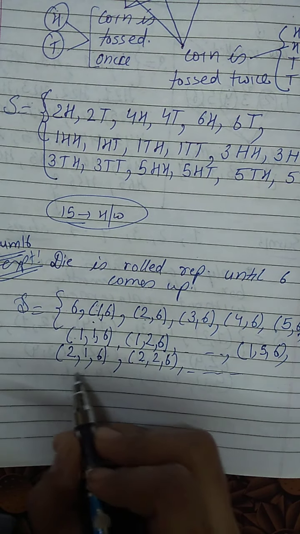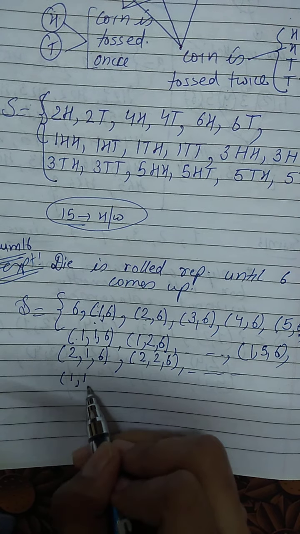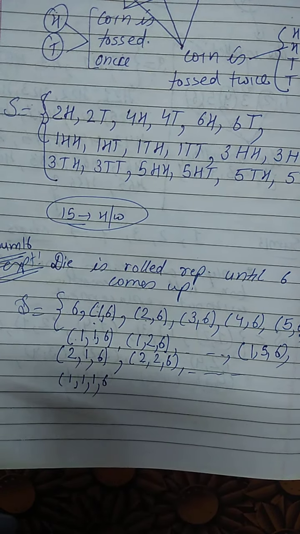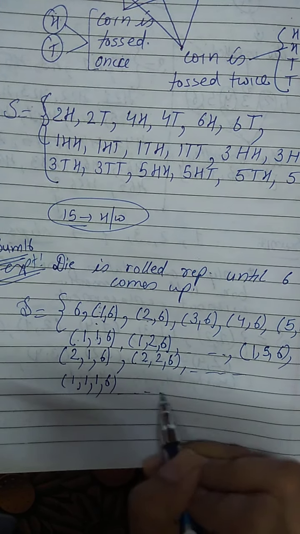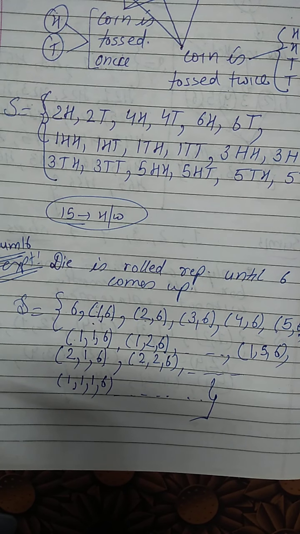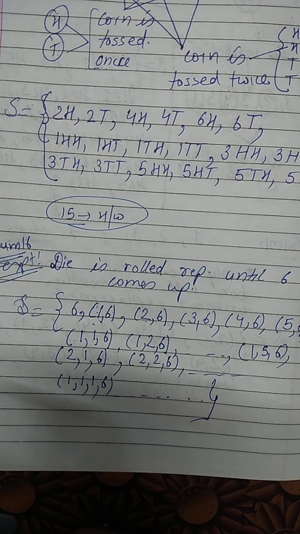And then there is the possibility that 6 does not come in the first, second or third attempt, but in the fourth attempt 6 comes, and so on. So there will be no end. The set will be an infinite set. That means the number of outcomes in this sample space will be infinite.